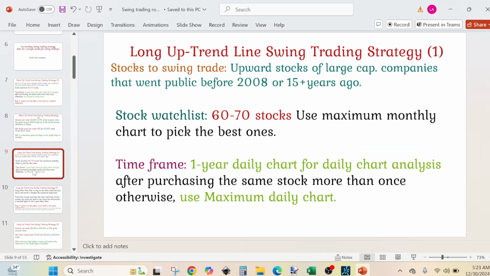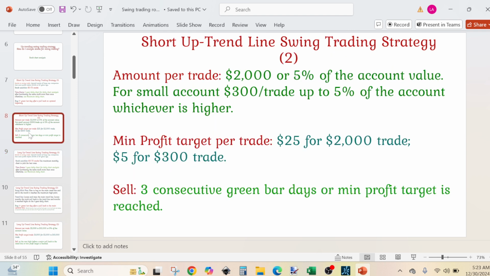And it was a good way to start. We allocate a small dollar amount per trade and set a small profit goal so that we can trade multiple times to practice the strategy.